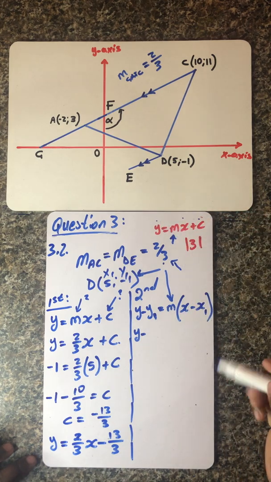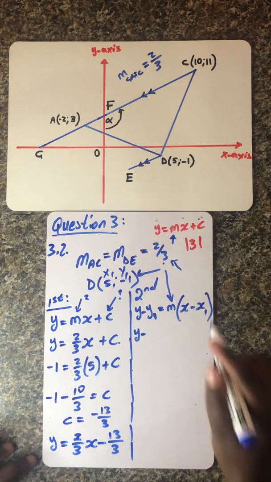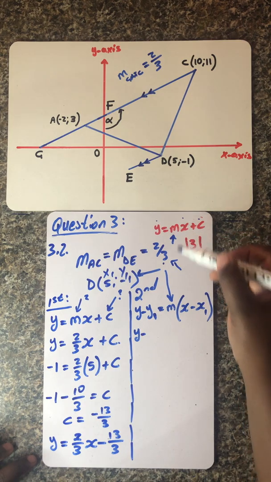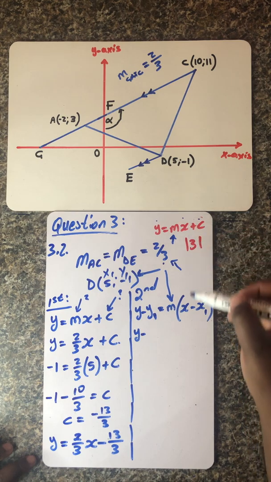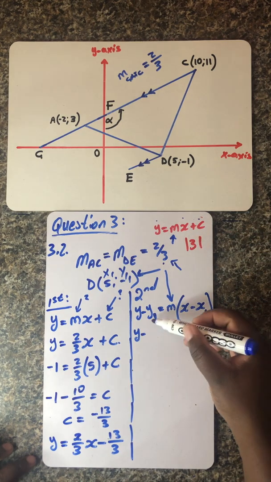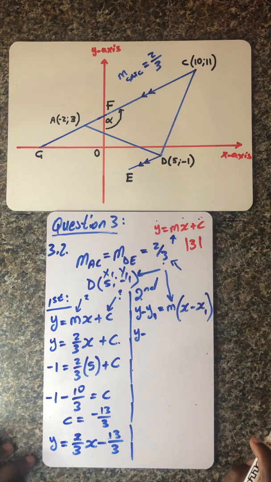So that means finally your final answer will be represented in the form of y equals m, which is that m, and then x, which is that x, and then x1 and y1 will automatically give you the value of C.